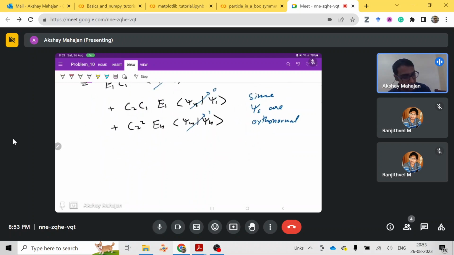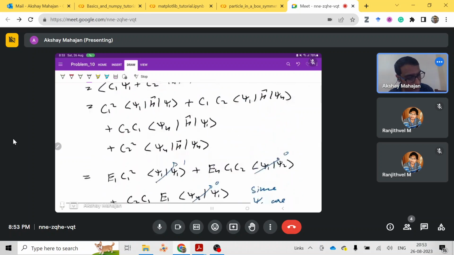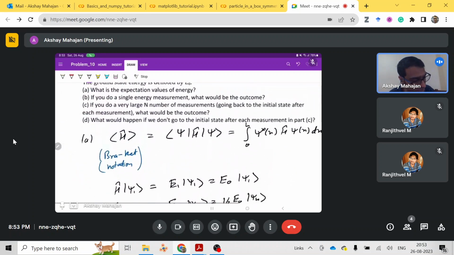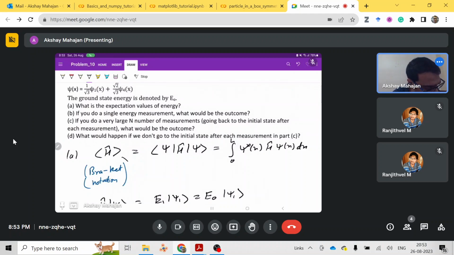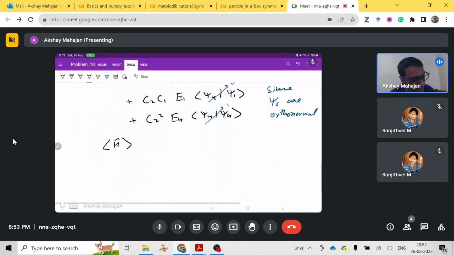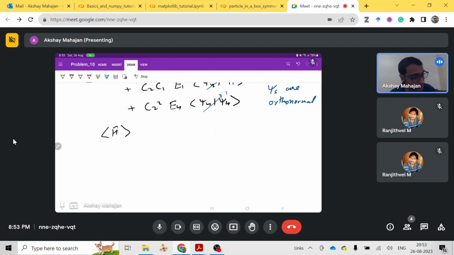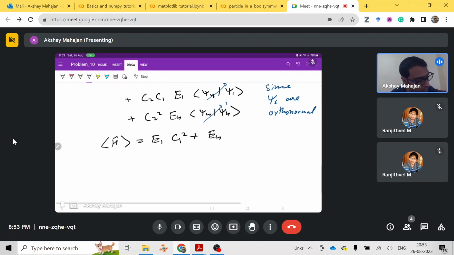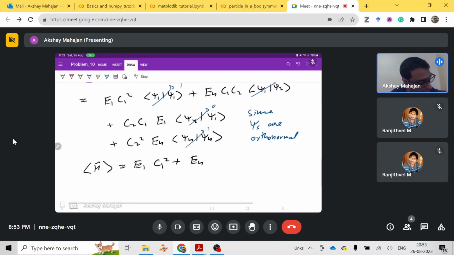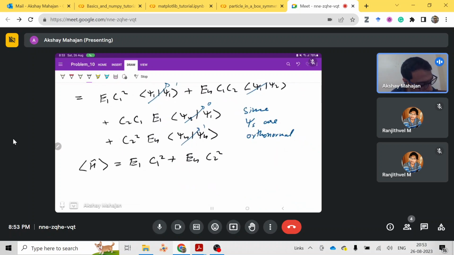So basically what this gives us is that this H cap average, the expectation value of energy, is given by E1 C1 square plus E4 C2 square.